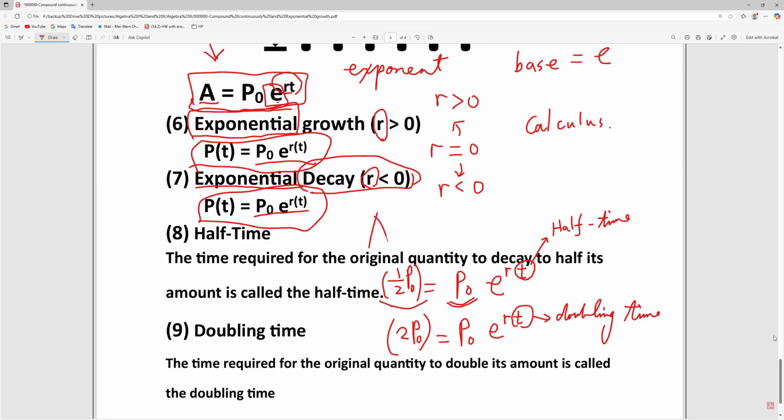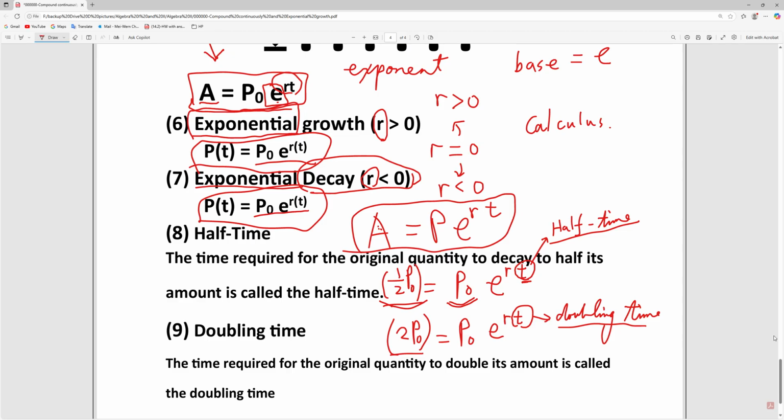I will say A equals P e^(RT). That's an easier way to memorize. And when this P becomes half, or when this A becomes half of the P, or this A becomes double P, the time is what we call half time or doubling time.